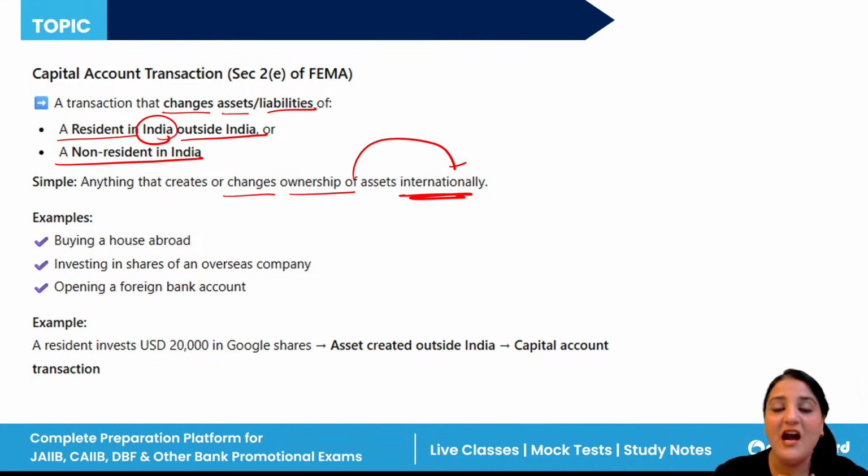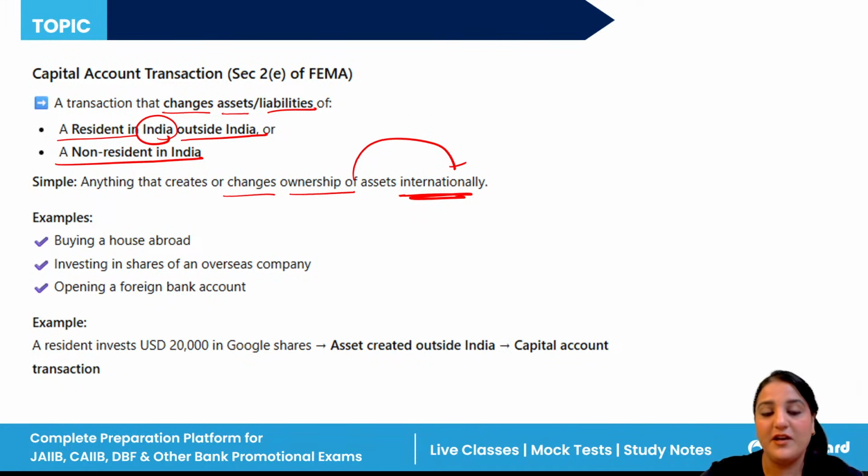Example, I am buying a house abroad, you are buying a house abroad, that is a capital account transaction. Investing in the shares of a foreign or overseas company is a capital account transaction. Opening a foreign bank account abroad is a capital account transaction. Wherever an individual's assets and liabilities are changed, that is called a capital account transaction, the most important thing in our LRS, right?